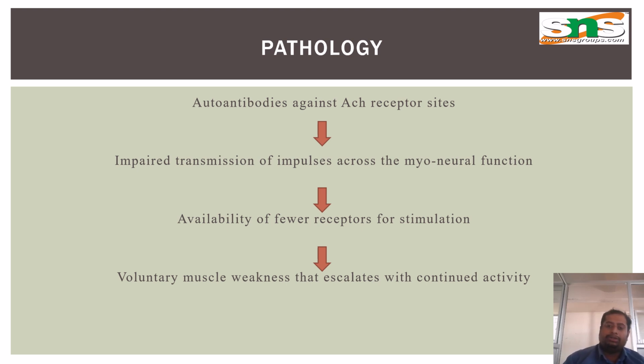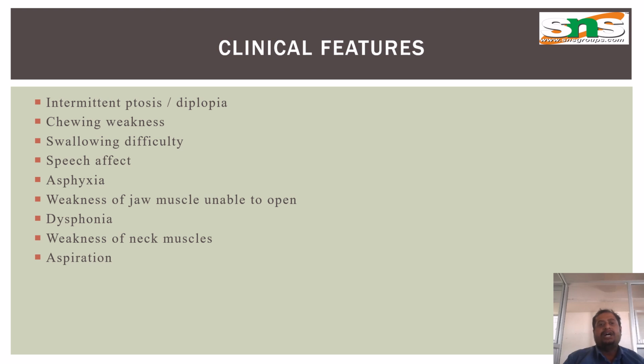We can conclude the clinical features as intermittent ptosis, or maybe diplopia. As I already said, starting from the eyes, it goes to the chewing, the bulbar and oropharyngeal muscles. Chewing weakness will be there, swallowing difficulty will be there, the speech will get affected, dysphagia will be there, and weakness of the jaw muscles.